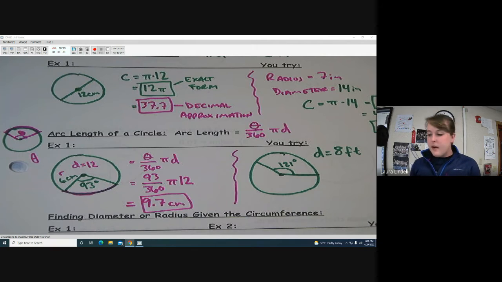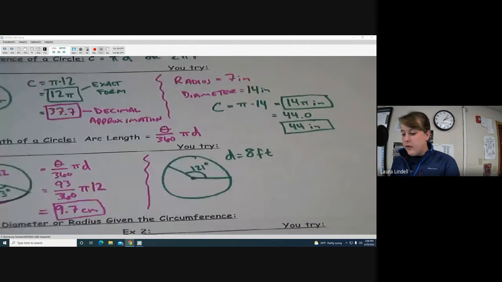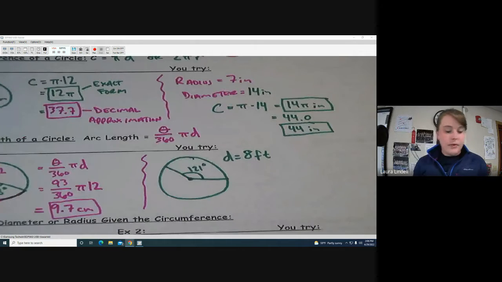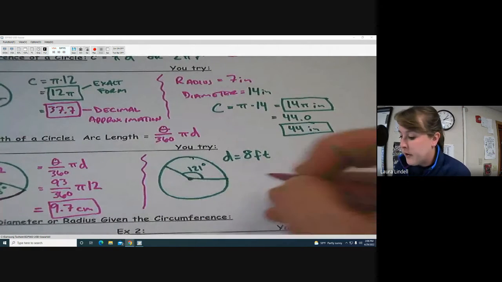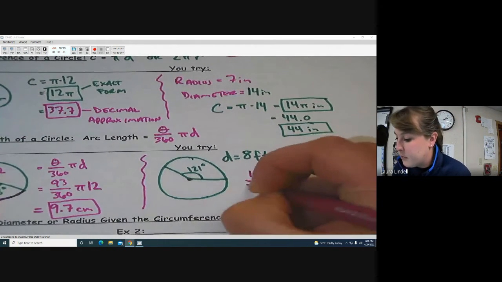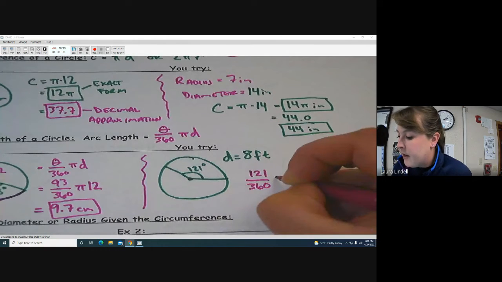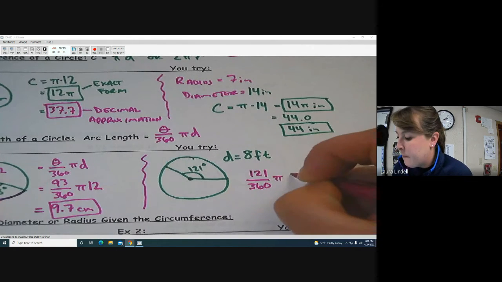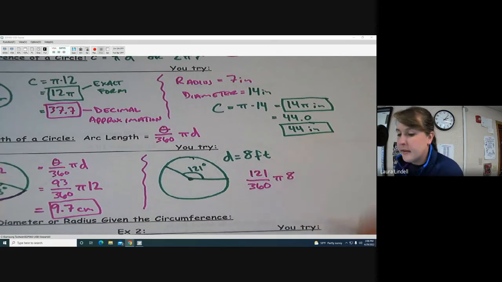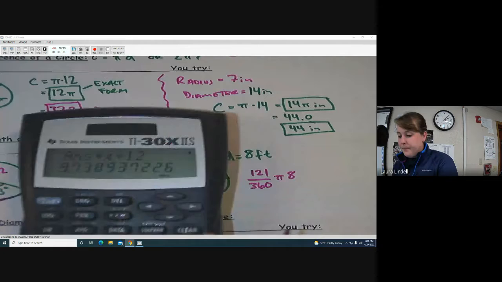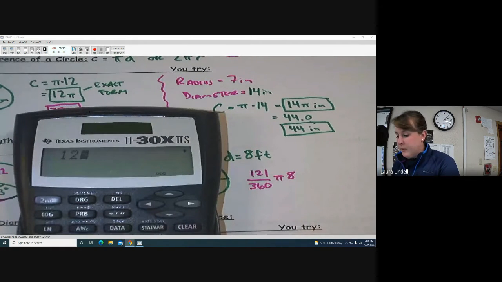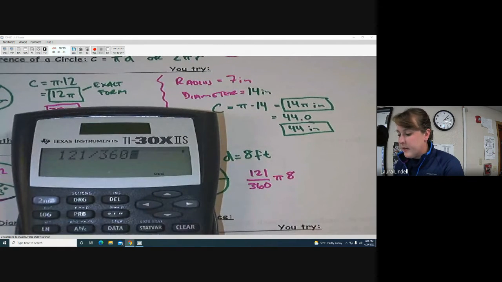Okay, hopefully you're back now. And hopefully you gave it a try here. So going through this one, now our angle is 121 degrees. So that's what's over 360. And then we're going times pi times 8, since 8 is the diameter. So in my calculator, we type 121 divided by 360.